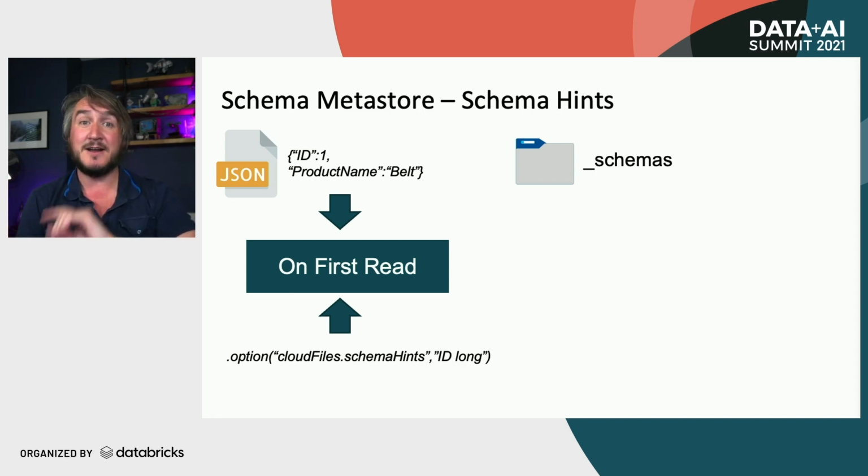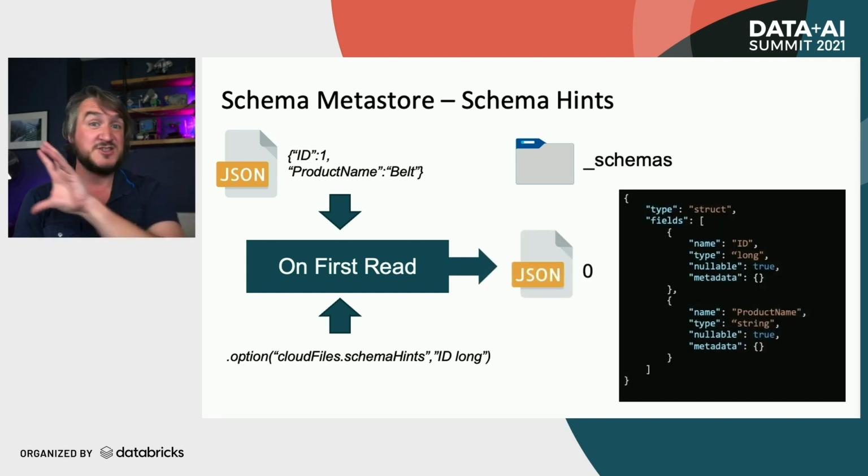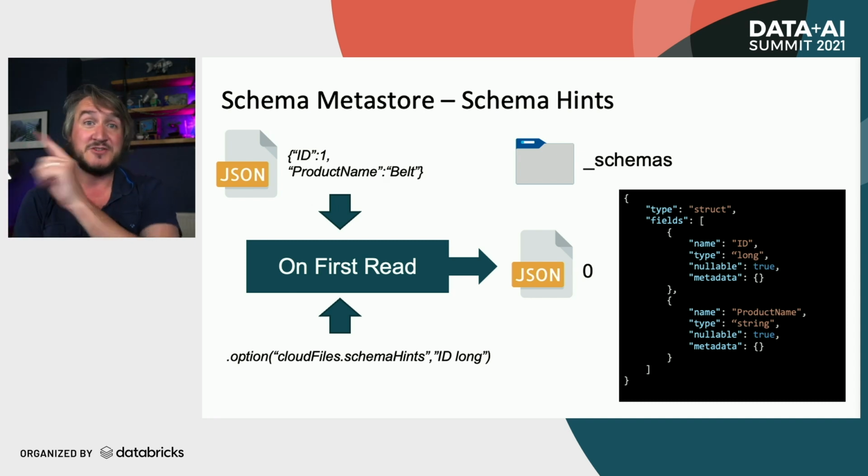And it will take that and go, great, I'm going to use that to improve the metadata I'm generating. So in this case, I'm saying schema hints are on, ID should be a long, and then it's going to generate the same schema file, but just update the data type if it found a column matching the one I gave a hint for. So we've got a lot of options about how we do this schema inference and how we tweak and adjust this metadata object that's created.